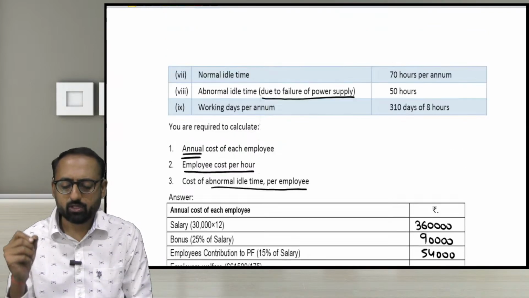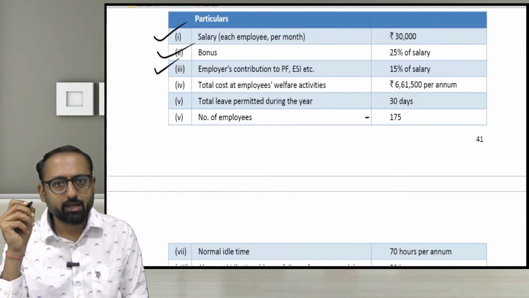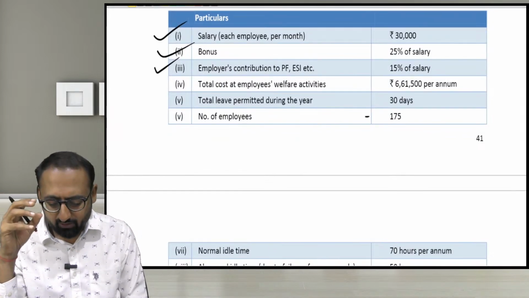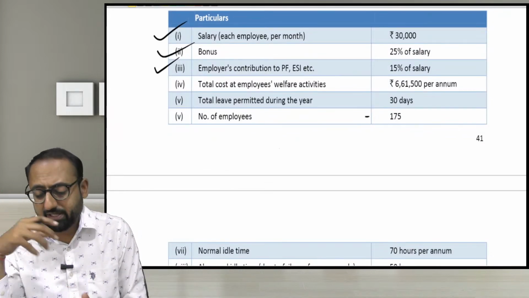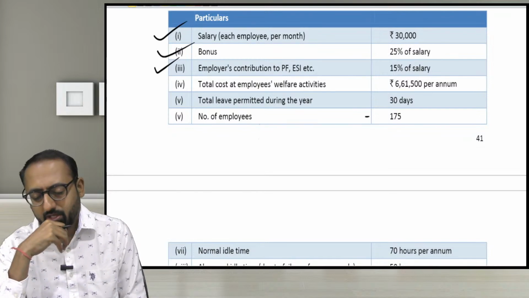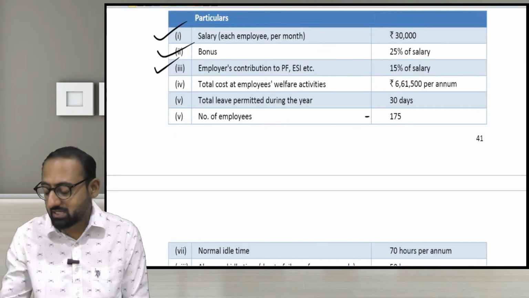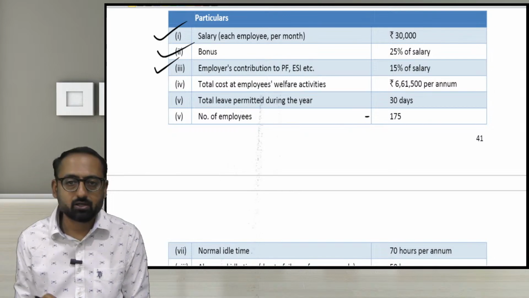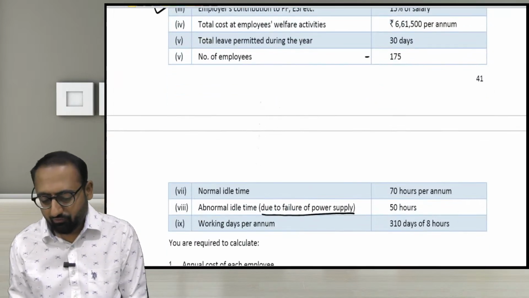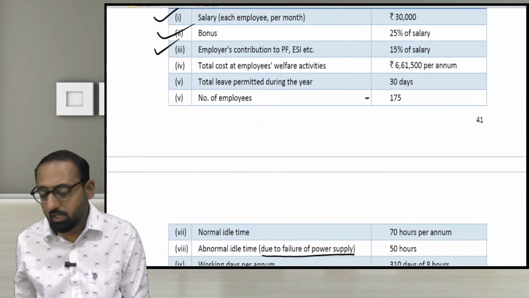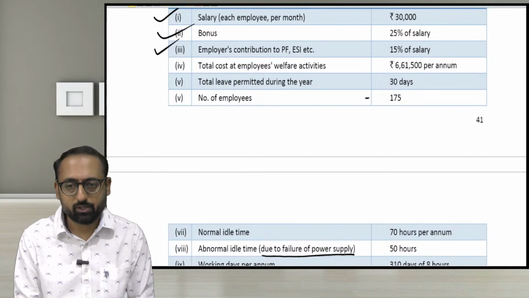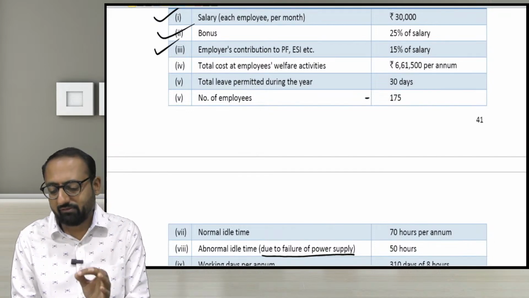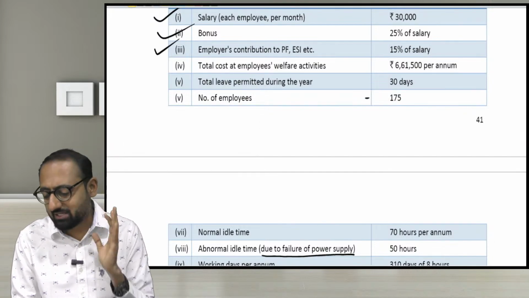Next, welfare. Employee welfare activities conducted by the employer. The total amount incurred per annum is 6,61,500, divided by 175 employees, because this cost is not for one employee. 6,61,500 is the cost for the entire 175 employees.